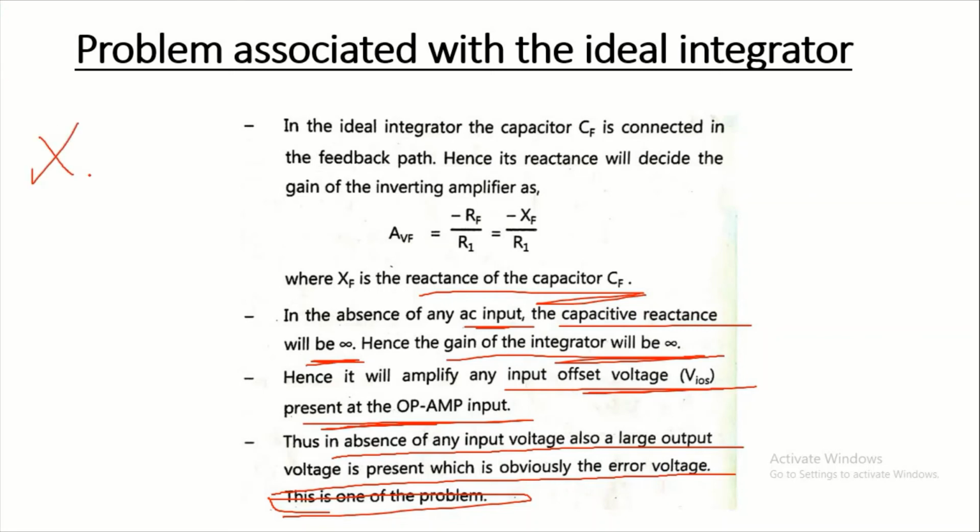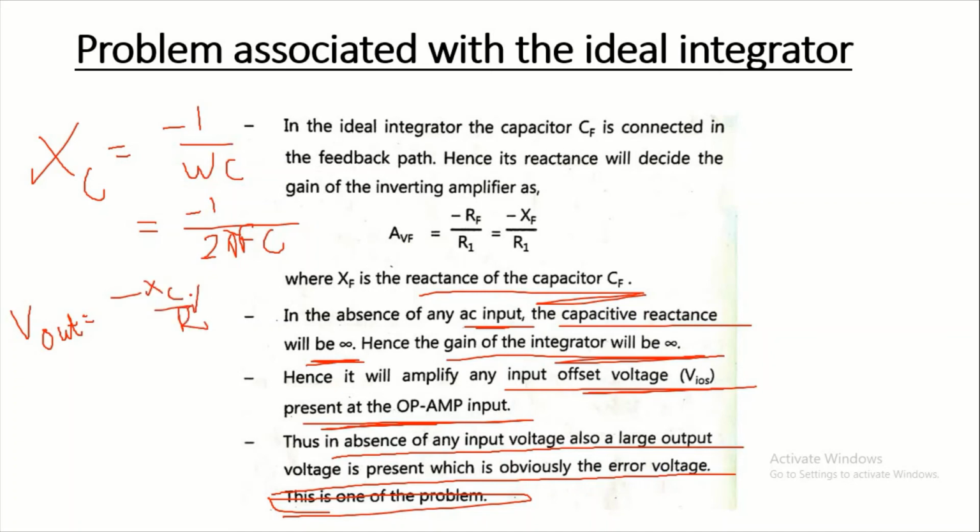We know that the capacitive reactance XC is equal to 1 upon omega C, and omega is 2 pi F, so XC is 1 upon 2 pi F C. The output voltage of this integrator is written as V output equal to minus XC upon R times VIN, and the gain of this op-amp is minus XC upon R. Now, if the frequency is 0 Hertz, F is 0, XC is infinity, and the gain of this integrator is also infinity.